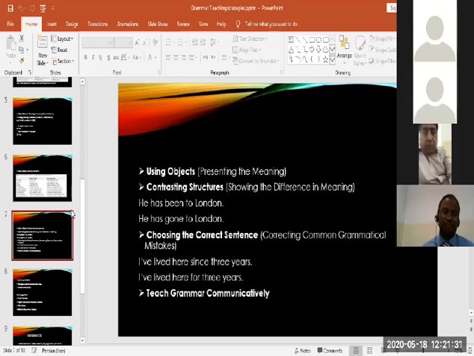Okay, the other one is using objects to present the meaning. It is a very quick method. For example, if you want to present the comparative form, like somebody is taller than, or shorter than somebody else, you can easily ask two students to stand up and compare their heights.